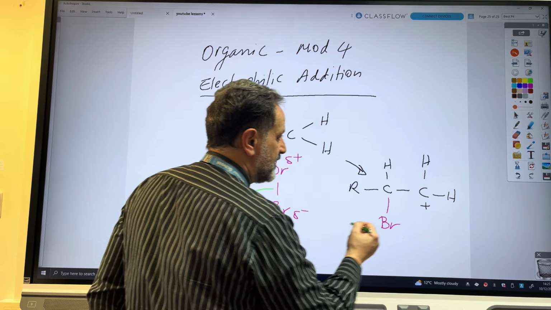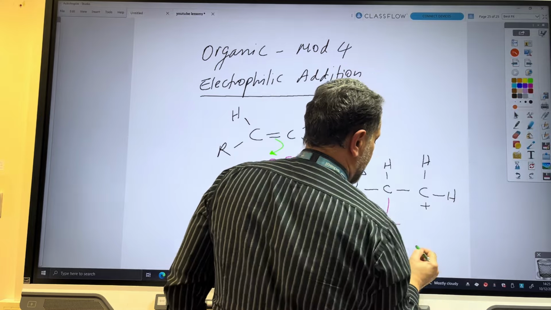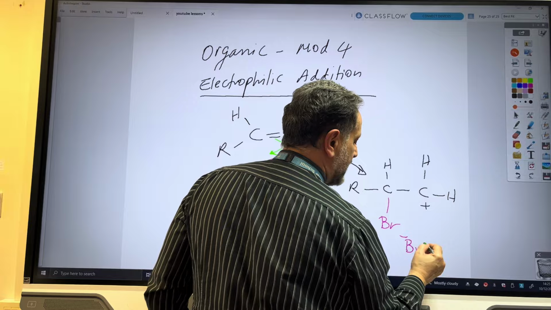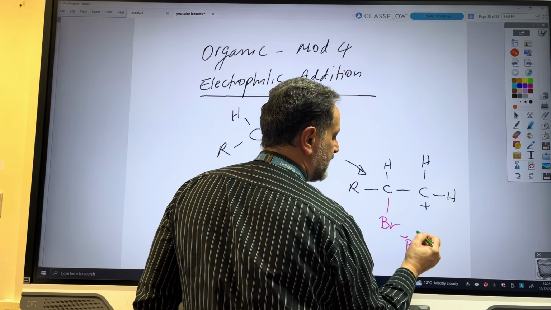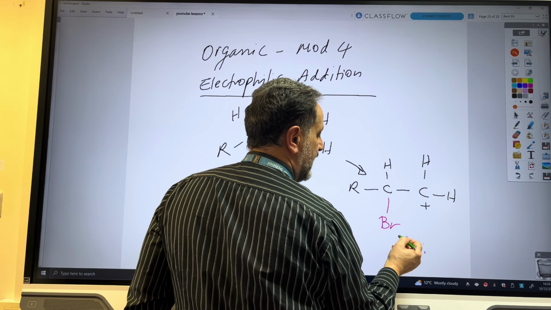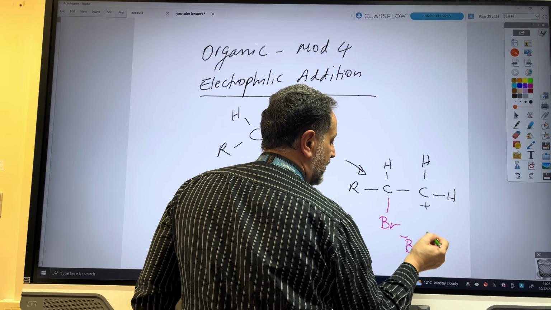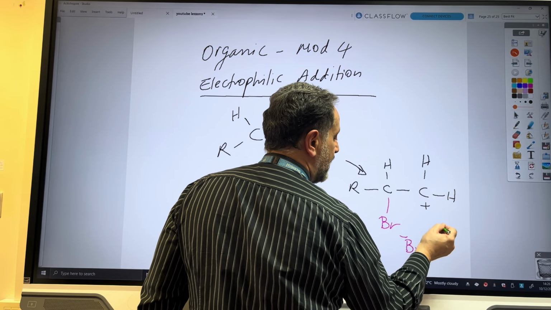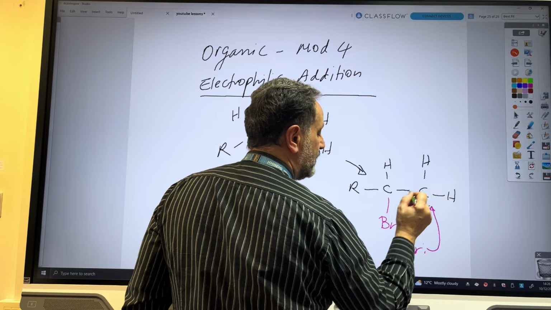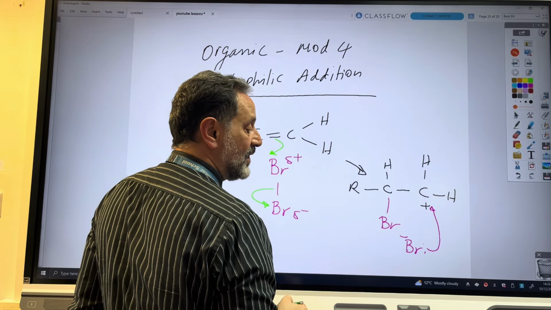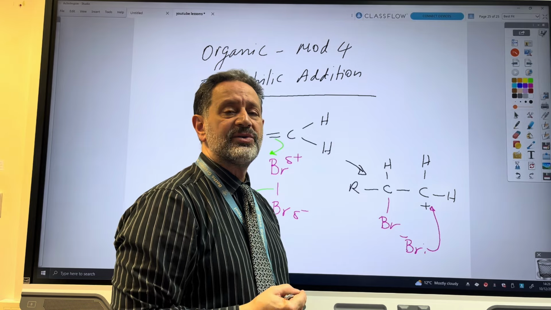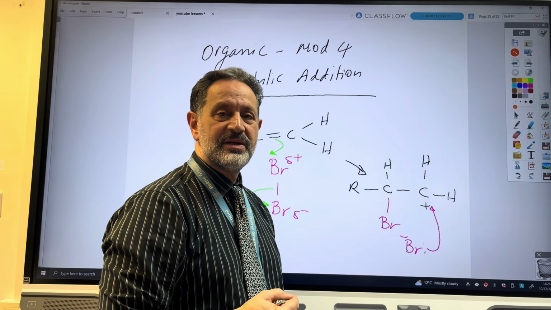So what happens to this one? Remember that bromine has now turned into a bromide ion. You can either show that with a lone pair or the negative charge, but your arrow has to come exactly from where the electrons are to where they want to go. Previously you were only allowed to take your arrows from lone pairs.